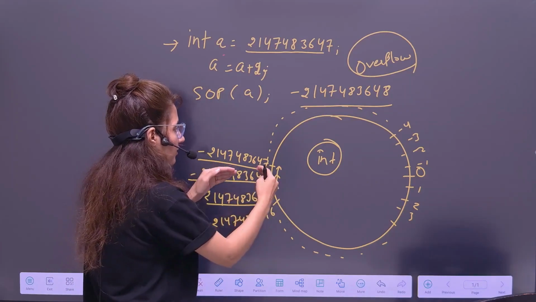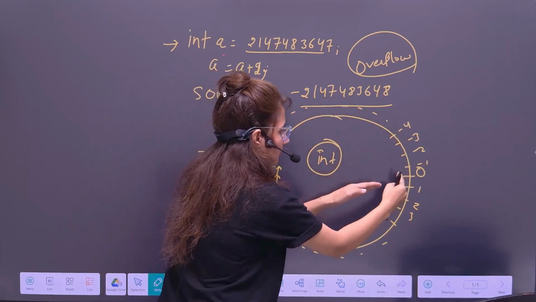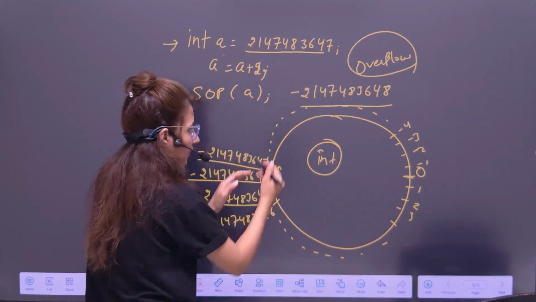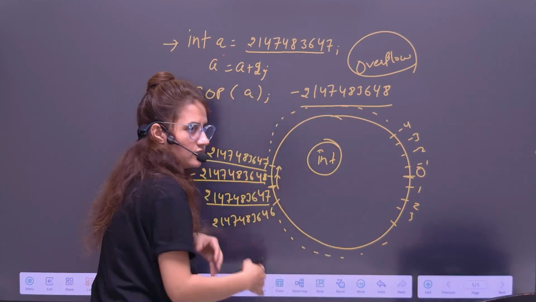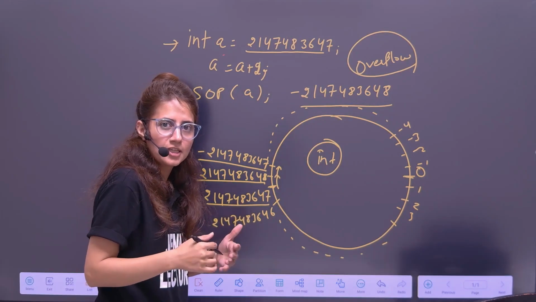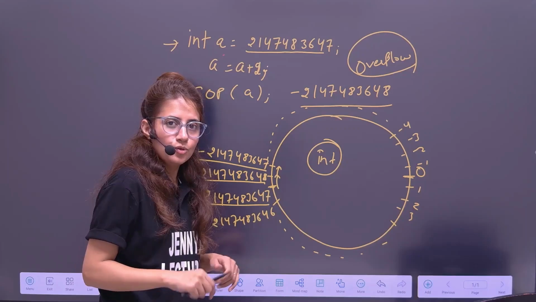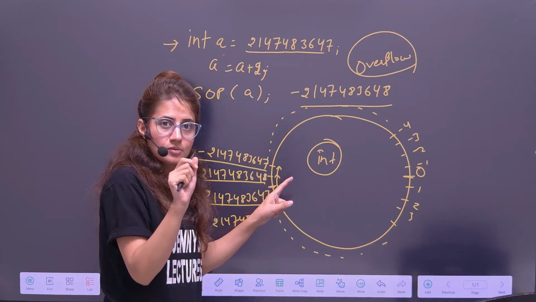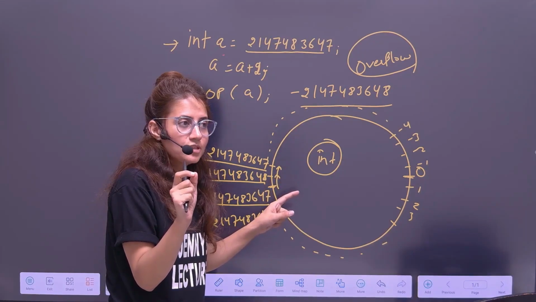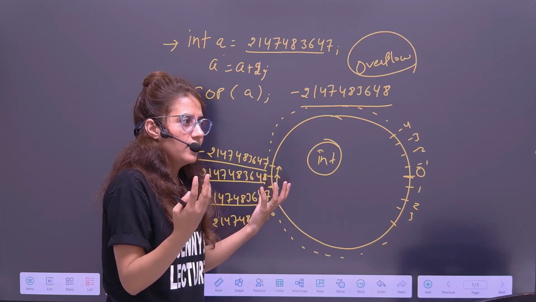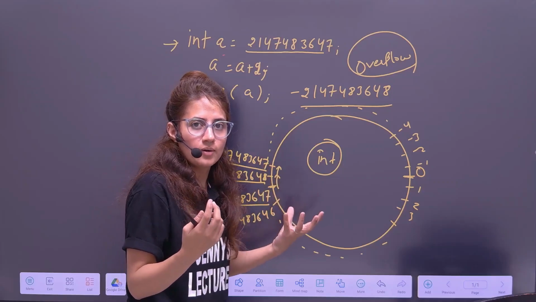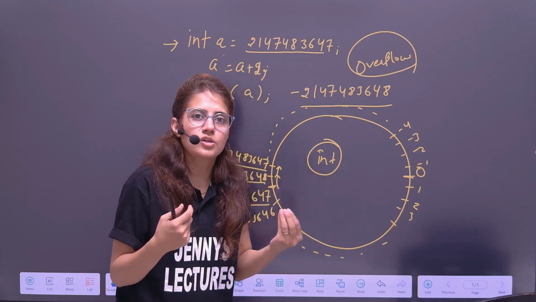It goes to minus again, then again 0, then again here, and this wraparound continues. Or maybe once you reach 0, it stops. So you have to use these data types precisely. Maybe in some cases a counter is important, for example in your website.